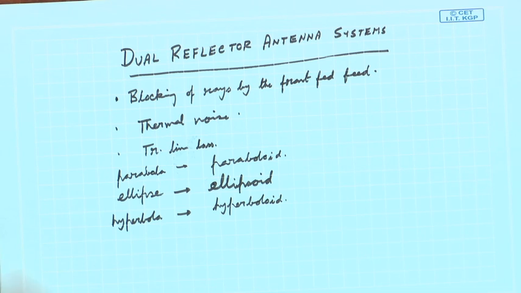So, these systems can be analyzed. Also, we can say the blockage of aperture rays is less in Cassegrain than in Gregorian. Also, the feed, receiver and transmitter can be placed behind the primary reflector.